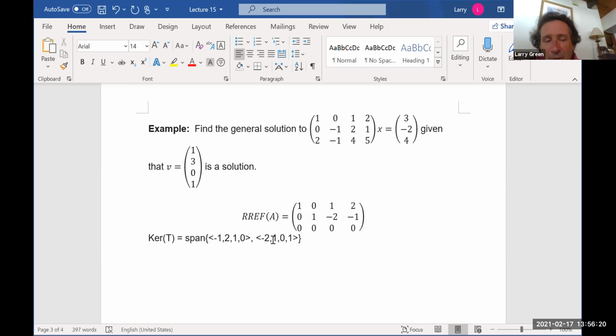Okay, second step is basically given for us: 1, 3, 0, -1. There's our vector. So that means that the solution is the following.